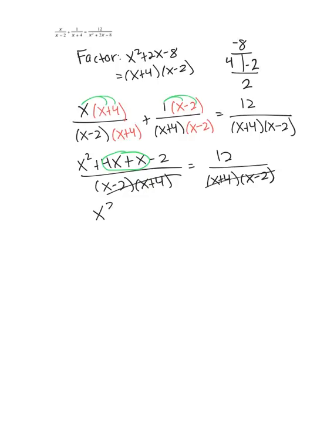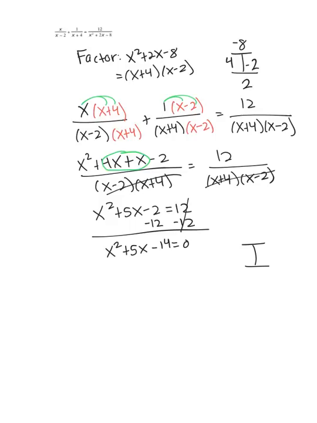So you get x squared plus 5x minus 2 equals 12. You're going to subtract 12 from both sides. And you're going to factor one more time to get your answers.